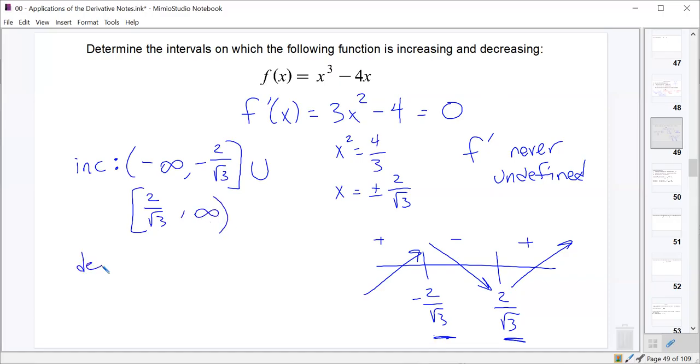And it must be decreasing on the interval between there, which is negative 2 over root 3 to 2 over root 3. And even though it seems counterintuitive, we're going to include the endpoints in brackets other than the ones at infinity, even though that's telling us that our function is both increasing and decreasing at negative 2 over root 3 and positive 2 over root 3.